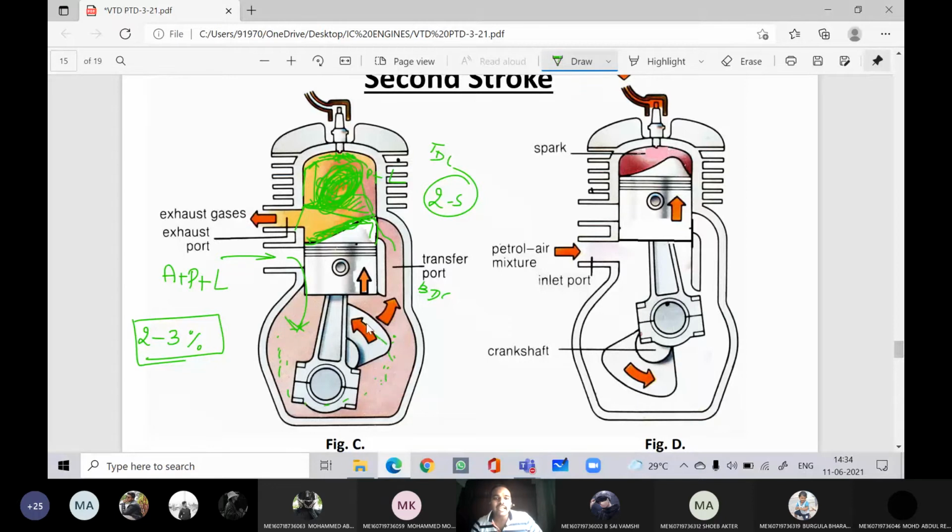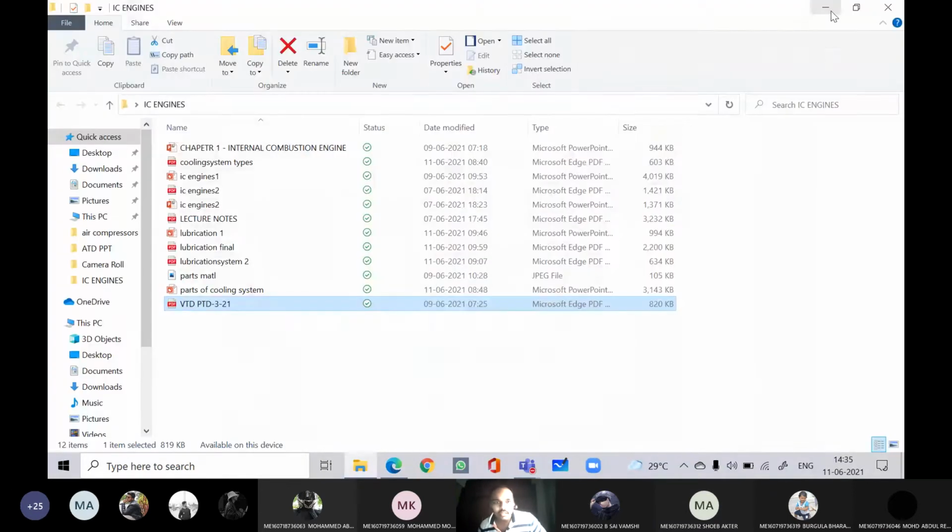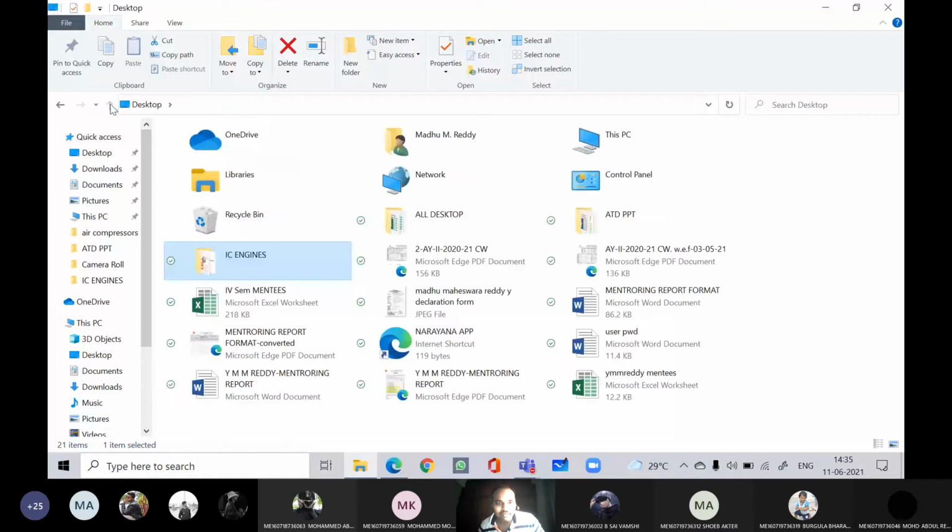Inside the crankcase, partial compression will take place. Due to that, the pressure of the air fuel mixture will be increased. That pressure is sufficient to move the air fuel mixture into the engine cylinder. Means the partial compression takes place within the crankcase, and the remaining compression takes place within the engine cylinder. I'll show you one cut section. It is available in our college.